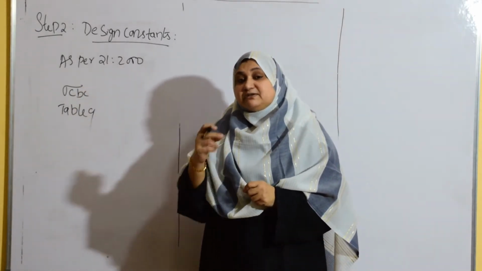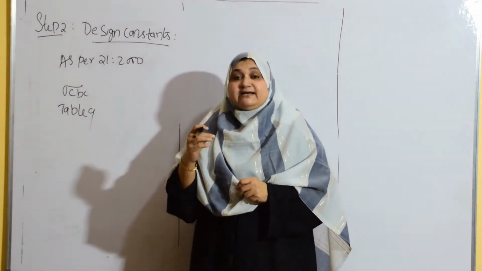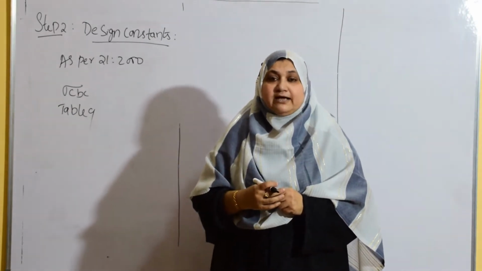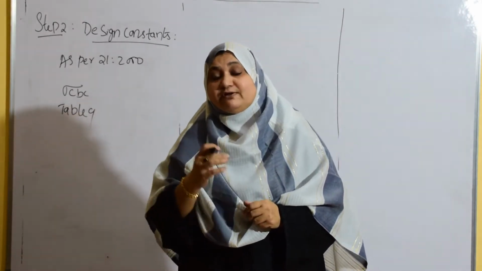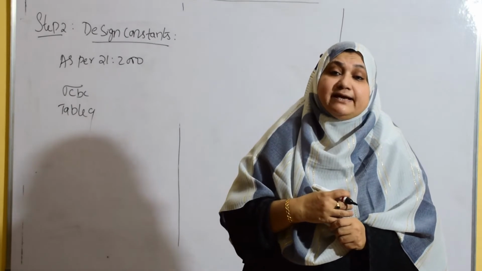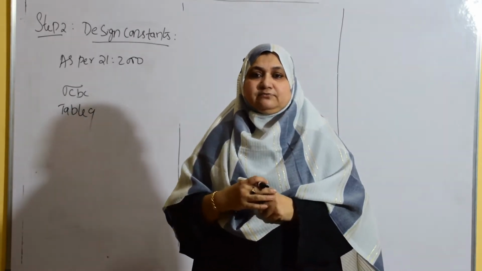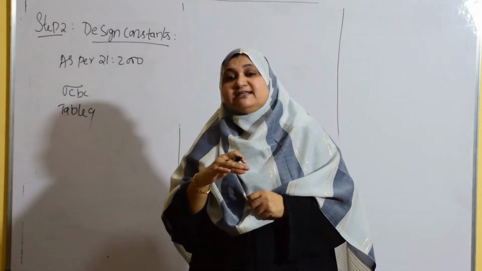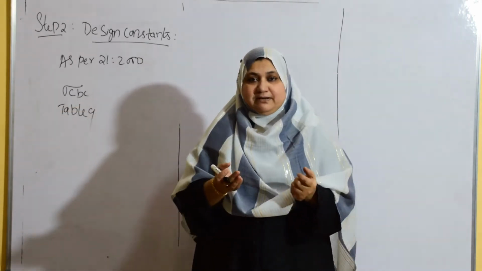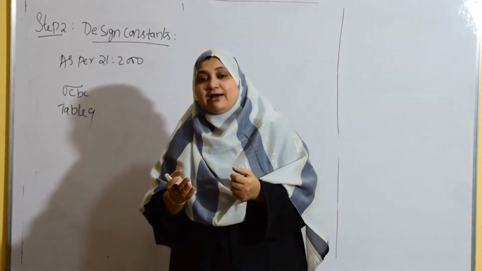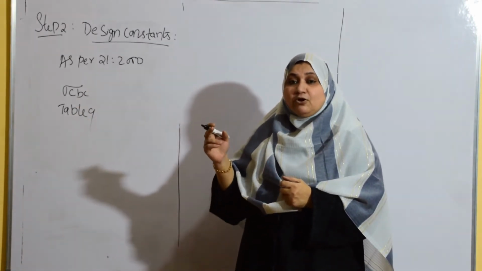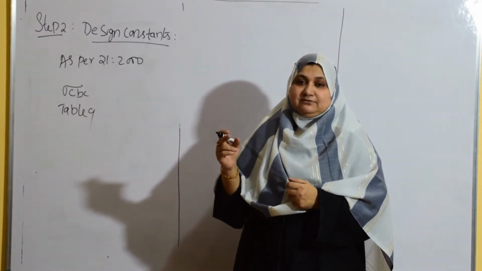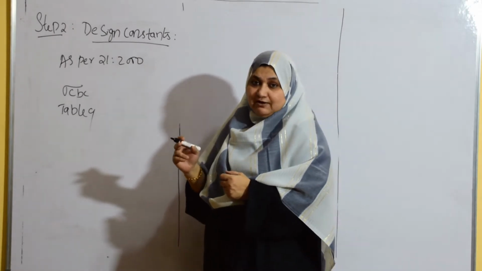One is permissible stress in concrete in direct compression. That value you have to use when you design compression members like columns, footings. Now we are doing the design of a slab, which is a flexural member. So we have to extract the value of permissible stress in concrete in flexural compression.